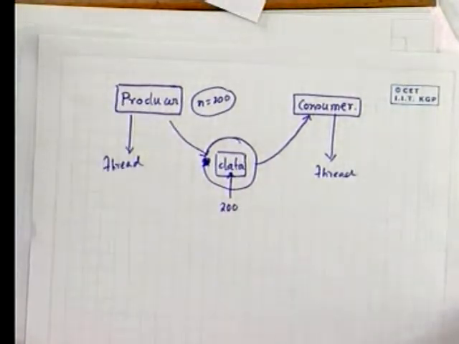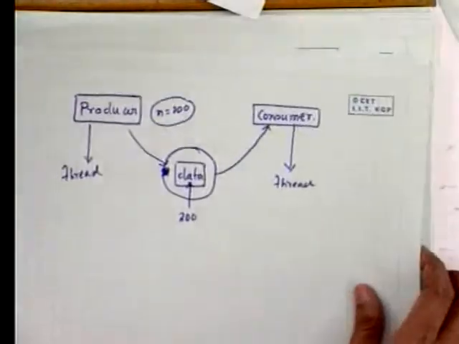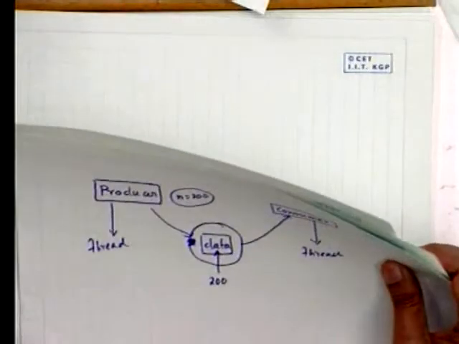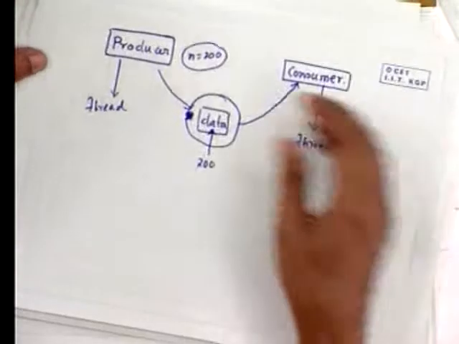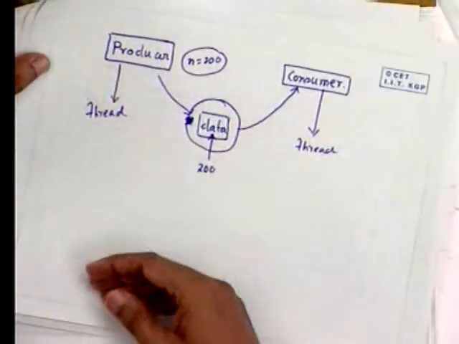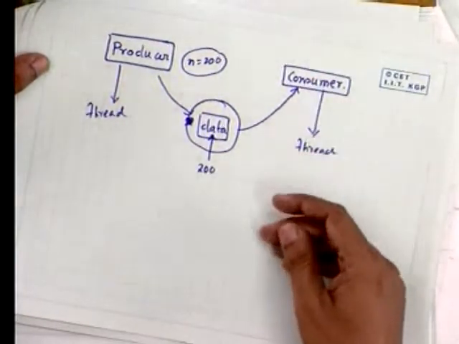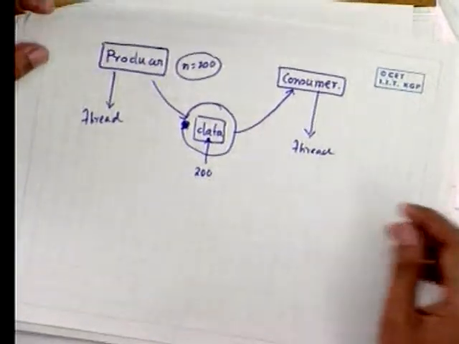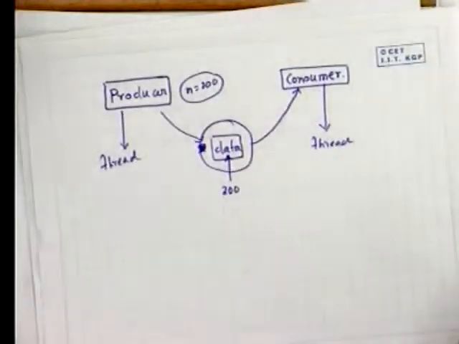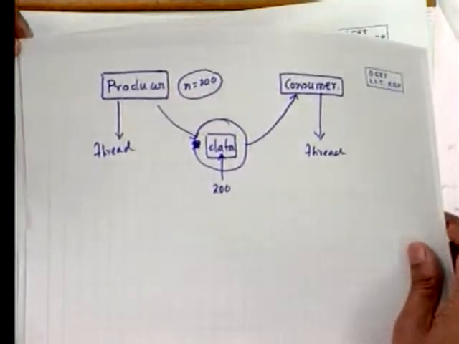This is how a typical synchronization or producer-consumer problem can be resolved, in which the producer can go on producing as many data items as it likes and the consumer can go on consuming them at different rates. So this is a very simple example.